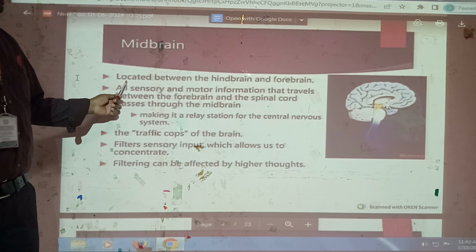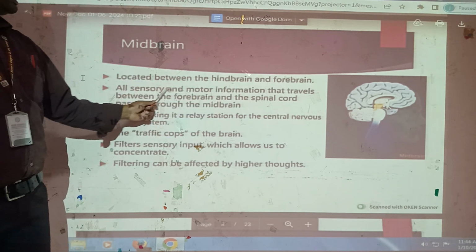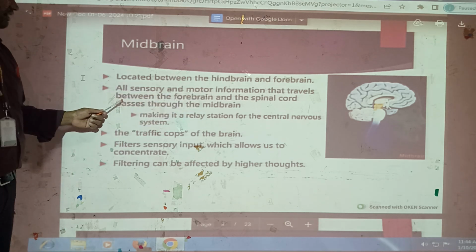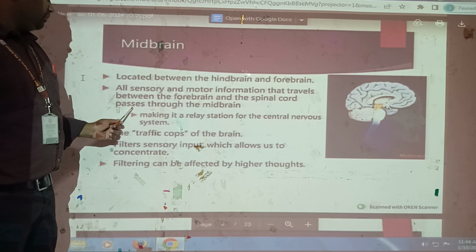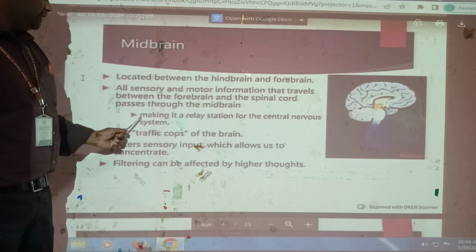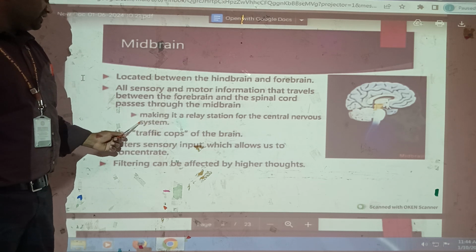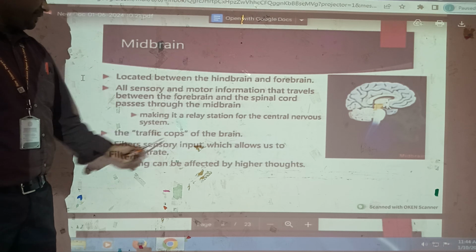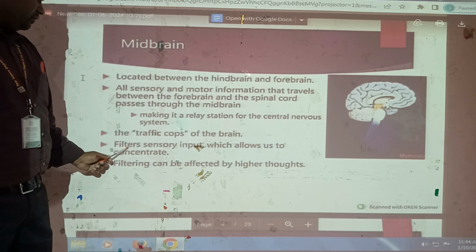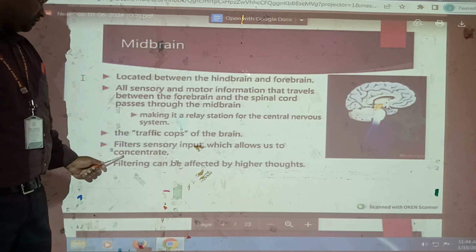Next, the midbrain is located between the hindbrain and the forebrain. All sensory and motor information that travels between the forebrain and the spinal cord passes through the midbrain, making it a relay station for the central nervous system. It is also important for filtering sensory input, which allows us to concentrate.